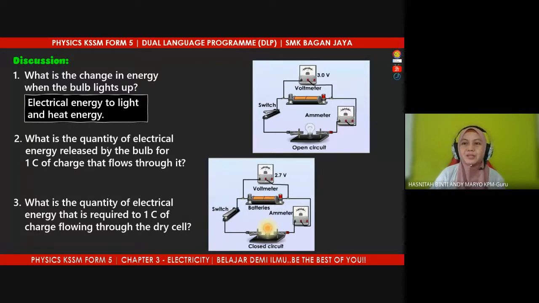Okay, question number 2, students. What is the quantity of electrical energy released by the bulb for 1 coulomb of charge that flows through it? Okay, how to do this? Any idea?